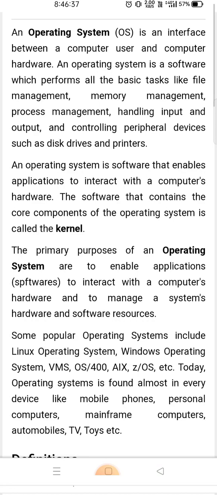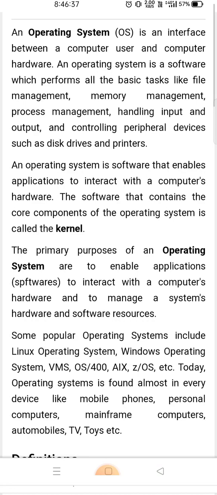So between the user and the computer, there exists an interface, like a mediator who talks with both of us. It gives our input to the computer hardware in a machine understandable language, and it gets the output from the hardware in a machine understandable language and converts it into the language which the human can understand.